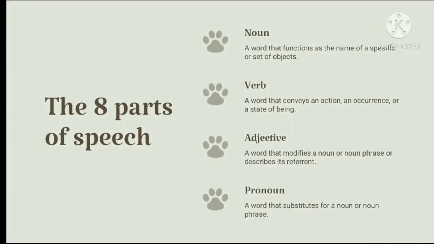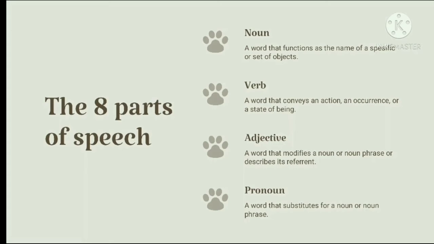So guys, as I told you before, there are 8 main categories. And I would like to explain the first main category, which is noun. Noun, or you can call it in Indonesian, kata benda.